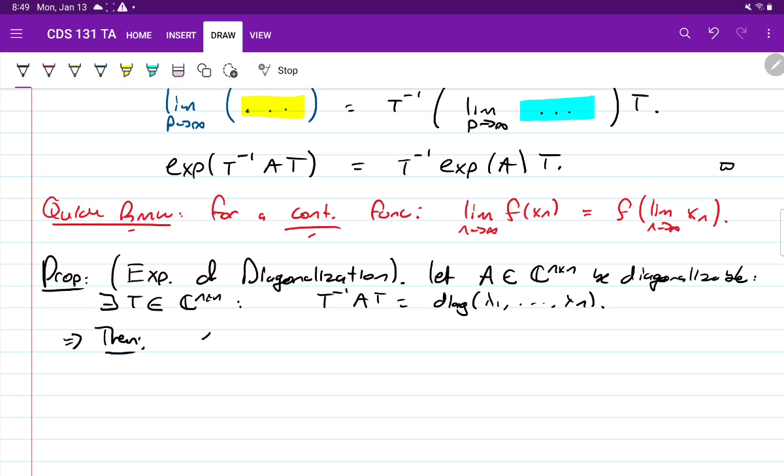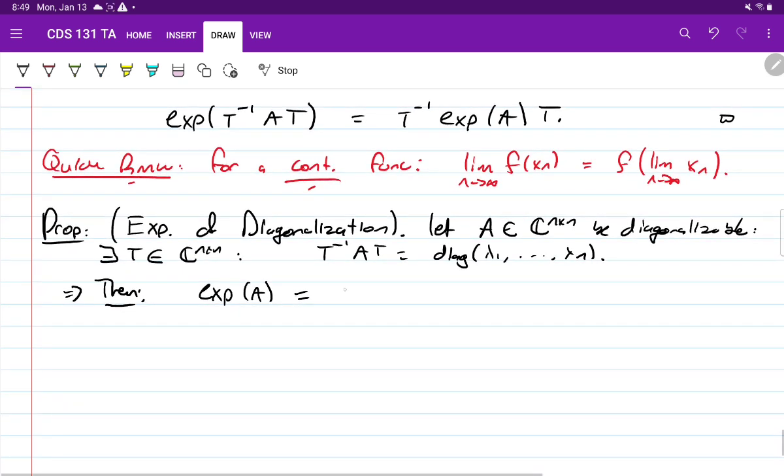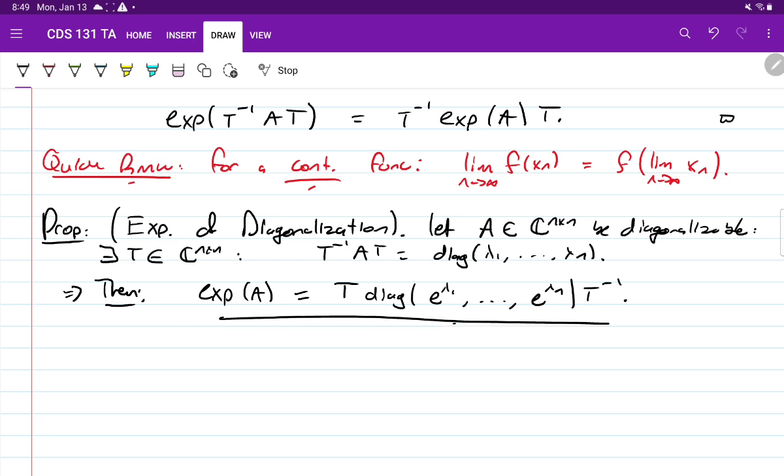Then the exponential of A is equal to T times diag(e^lambda 1, ..., e^lambda n) times T inverse. Okay? So taking the exponential of a diagonalizable matrix is quite easy to do. We just compute its diagonalization, we take e to each element of the diagonalization, and then we change coordinates back.